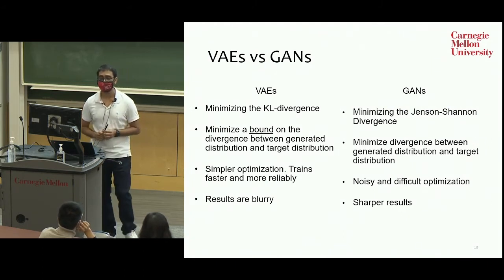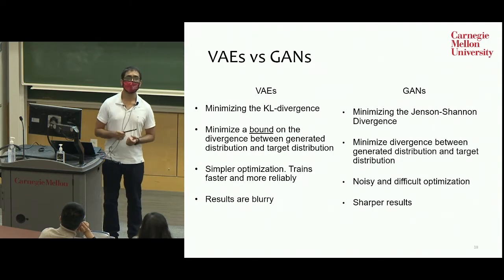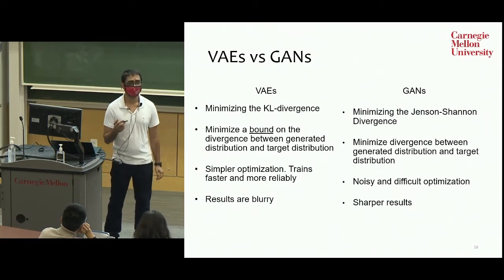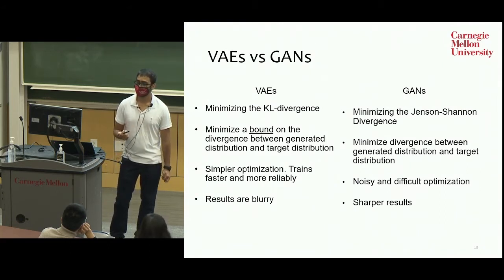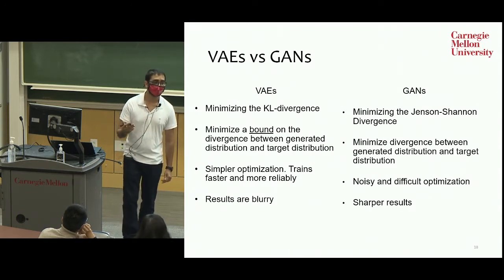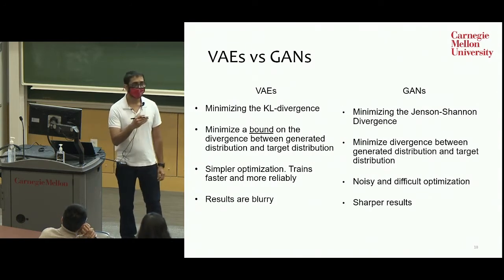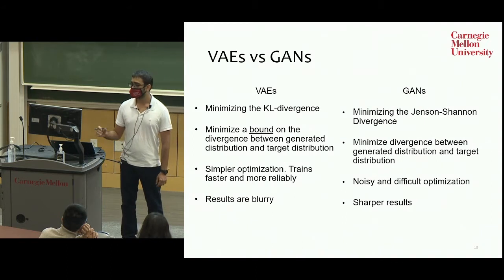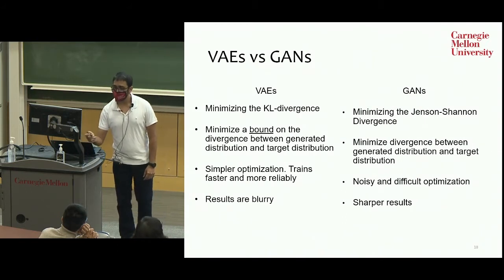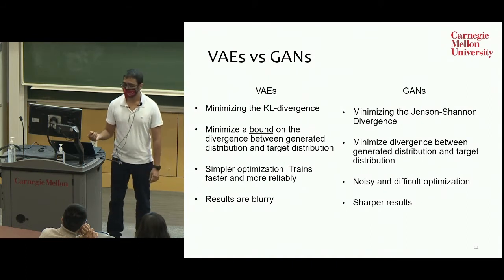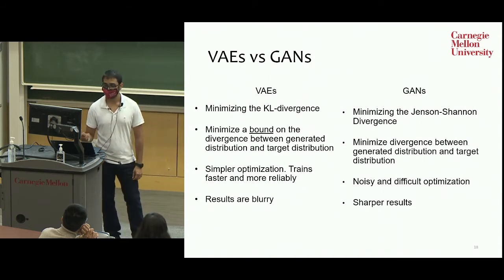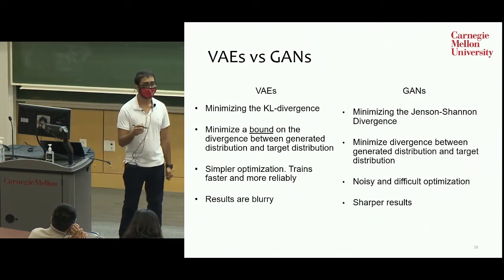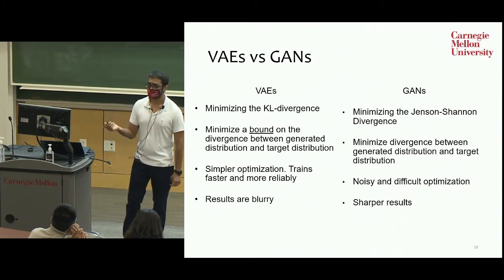When you are making some kind of assumption and trying to learn the distribution based on that, as in VAEs, the whole training is simpler. You can get a global minimum because you know the distribution and you are just trying to learn the parameters of that distribution.